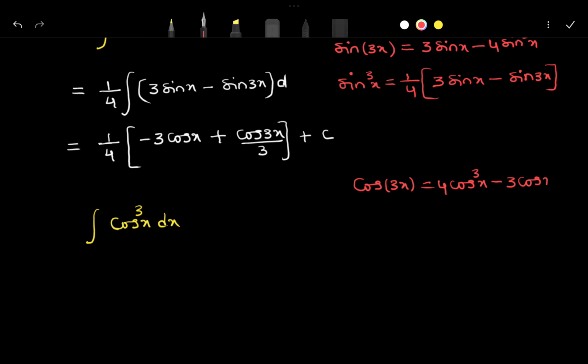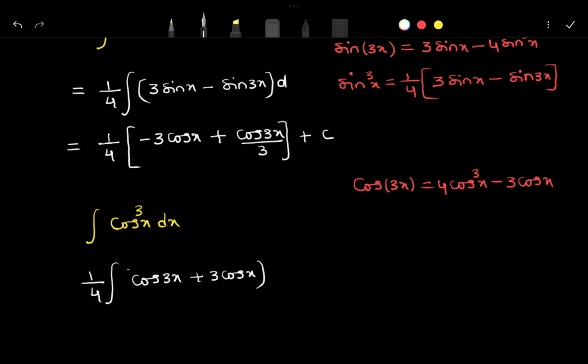So here, moving the minus 3 cos x to the other side and dividing by 4, you can write this value as nothing but 1 by 4 into the integration of cos 3x plus 3 into cos x into dx.